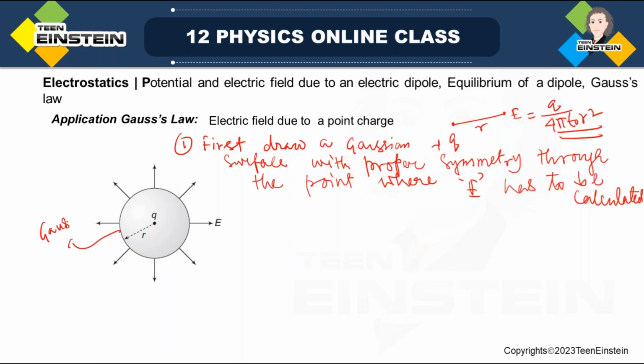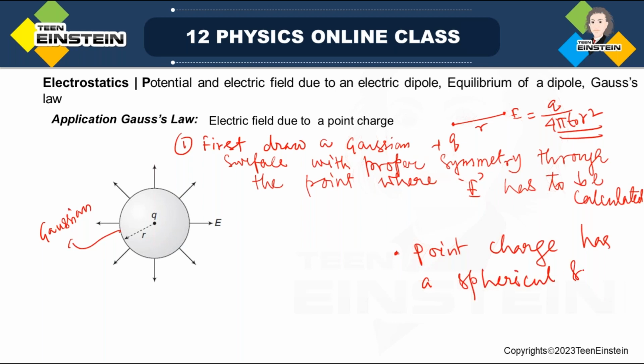According to the symmetry, a point charge has spherical symmetry. I'll tell you why. If I calculate the electric field at any fixed distance from this point charge, it will always be the same everywhere.